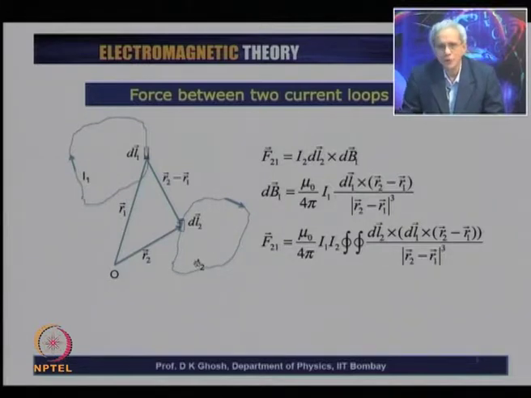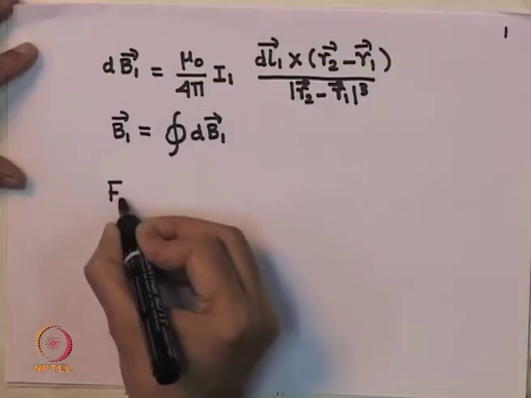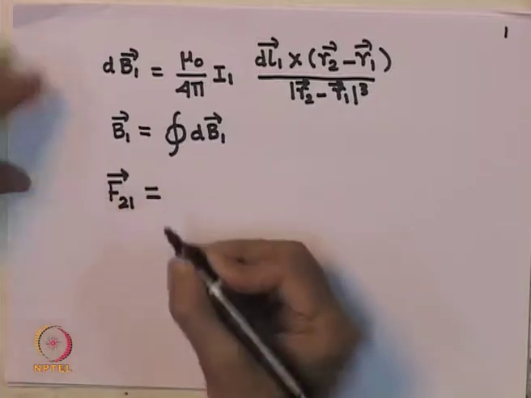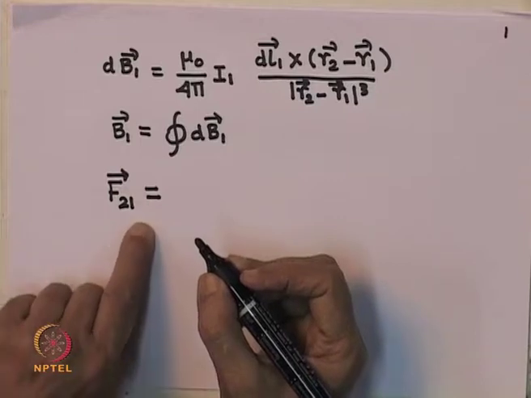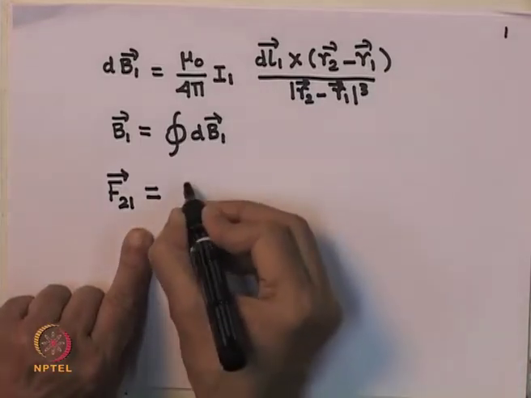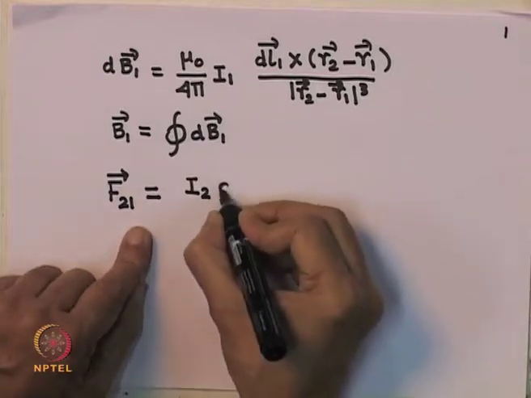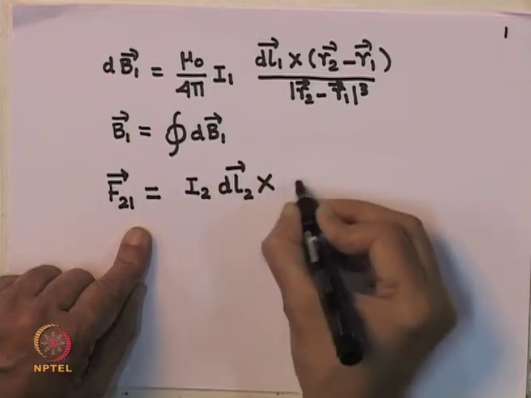So, what I do is this, that if I take a current element here dL2, then I know that the force, now come to the notation, force on an element of circuit 2 due to an element of circuit 1 is given by I2 dL2 cross dB1.